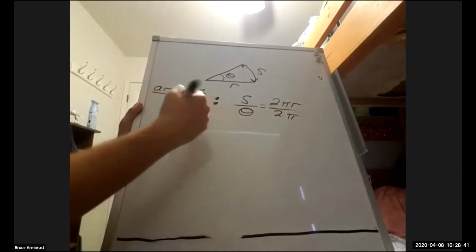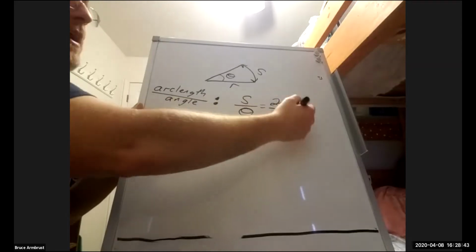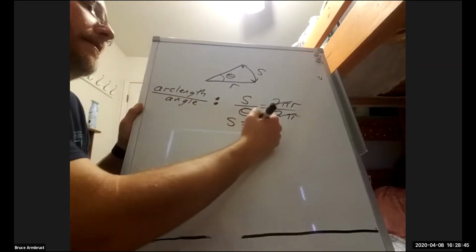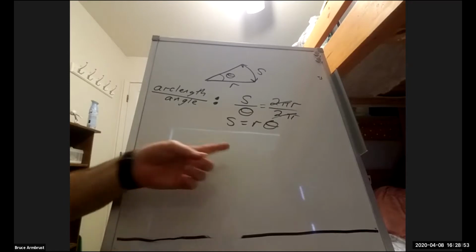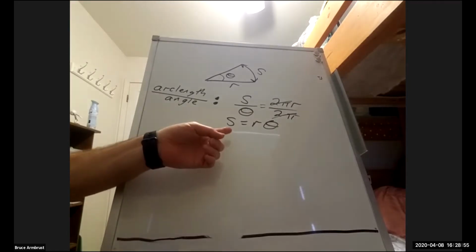So obviously, instead of degrees, what is it in radians? 2 pi. There we go. So we put our 2 pi here. Obviously, you can cancel some stuff out, and we get S equals R theta when you're in radians. This is one of the reasons why we like radians.